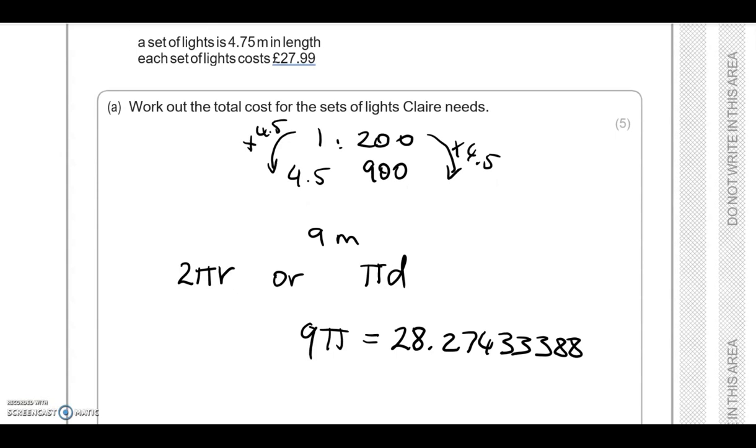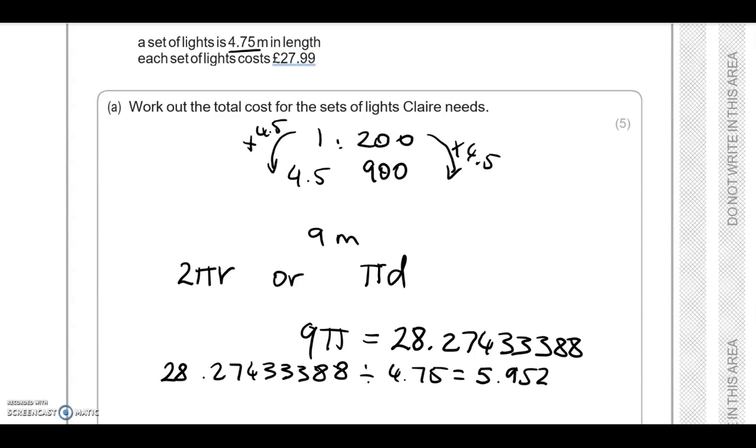So how many sets are needed? If we just use that number we've just had in the calculator, and divide it by 4.75, that gives me a decimal 5.9524, and so on.